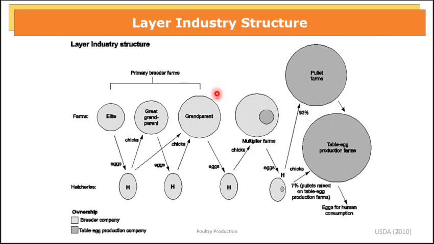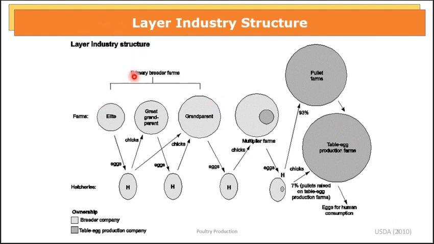So as you can see in the diagram, we have here the layer industry structure. This diagram was lifted from USDA in 2010. This diagram, okay, the layer industry structure, is actually similar to our breeding genetic pyramid.